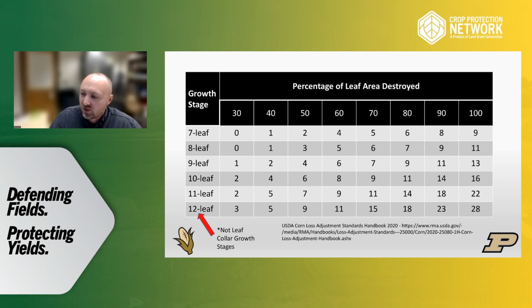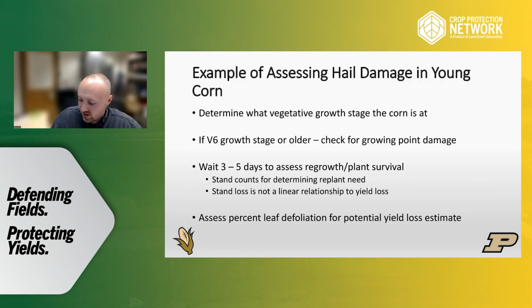That begins to increase as our growth stage progresses. So as we move up to, say, a 12 leaf growth stage, now with 100% leaf defoliation, we're losing about 30% yield. So as we progress more towards that pollination period, we are going to lose more yield from percent leaf defoliation. And that's the important part of really understanding what growth stage we are at out in the field to truly assess our potential yield loss caused by hail.